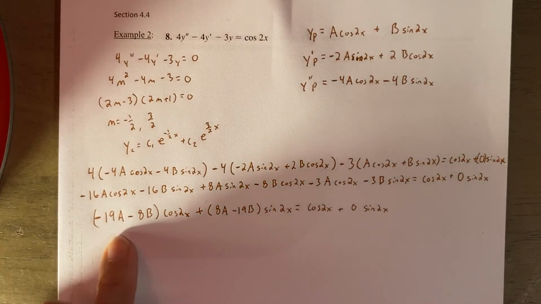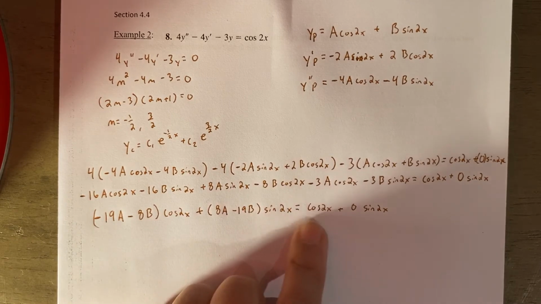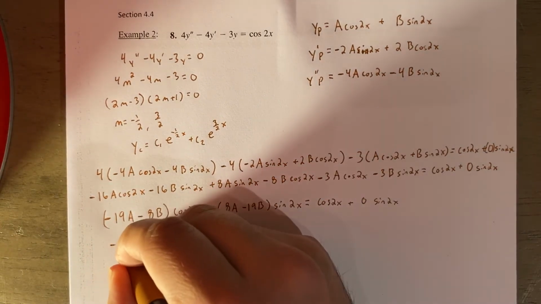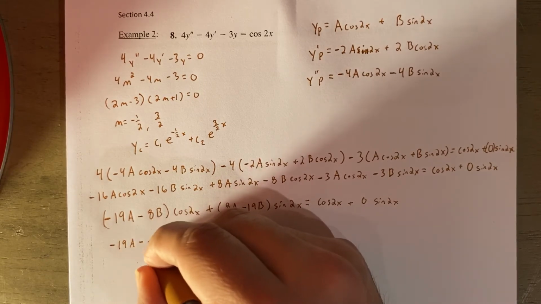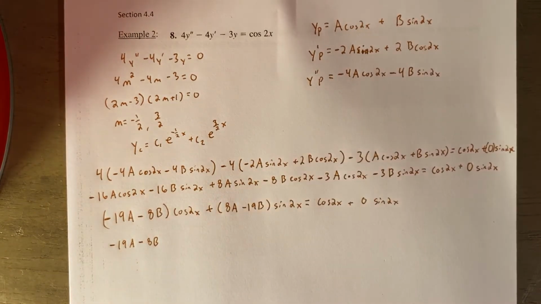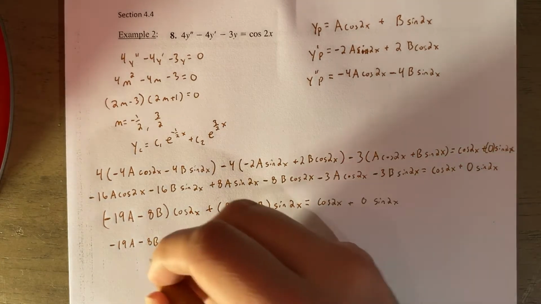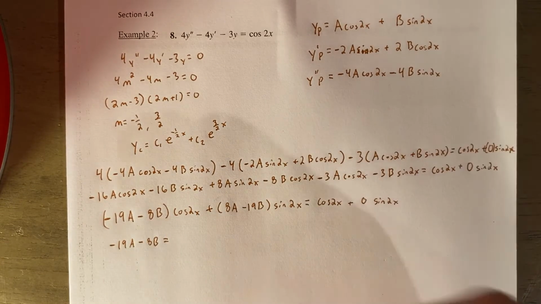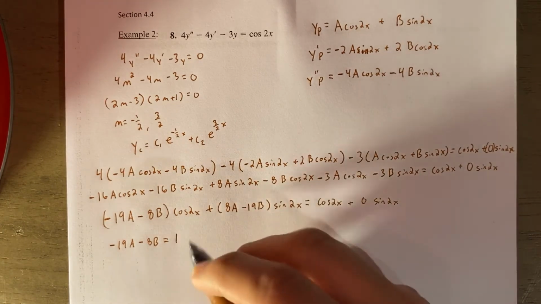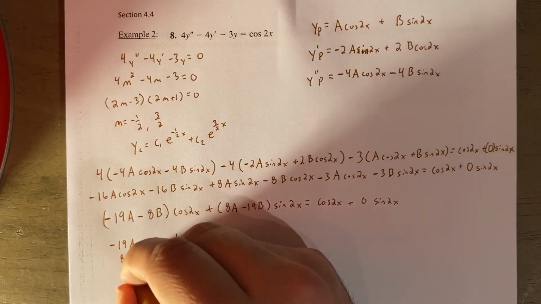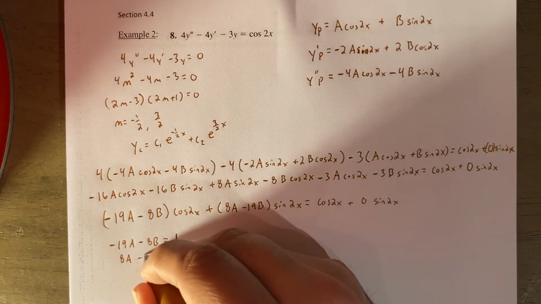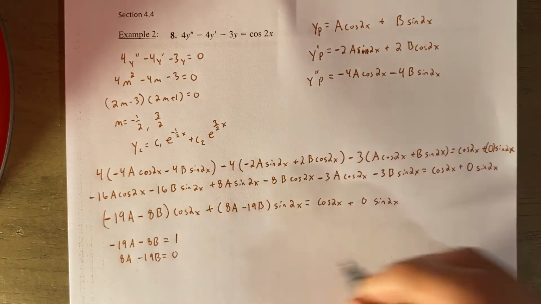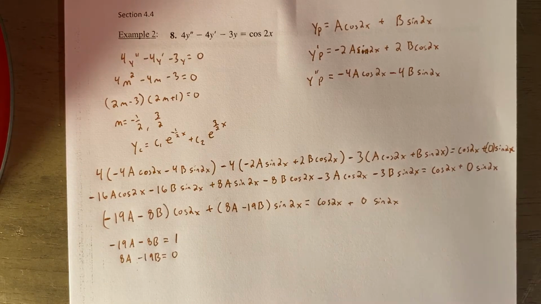Now I'm going to set my coefficients equal to my coefficients over here. So negative 19a minus 8b is set equal to 1, because those are for both cosine of 2x's. And then 8a minus 19b is set equal to 0, because that's the coefficient of sine of 2x.